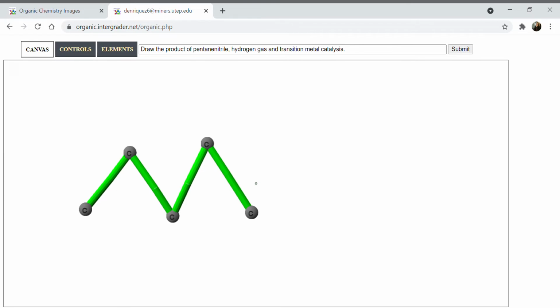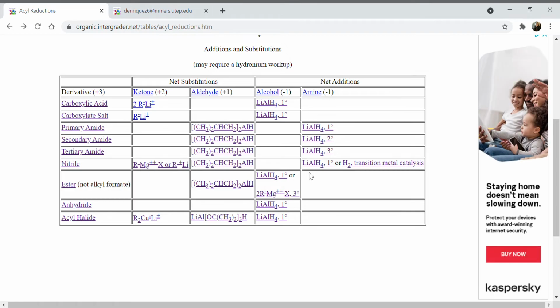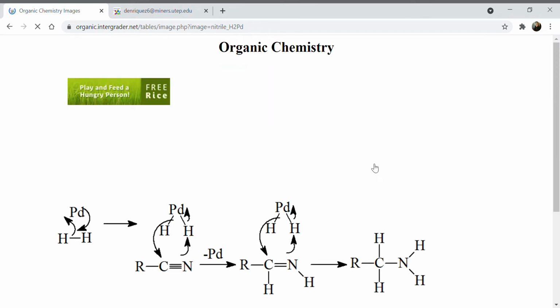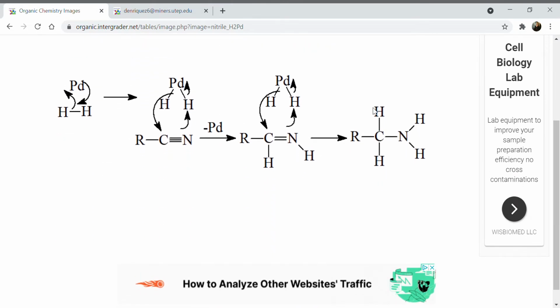We're doing pentane nitrile again. Hydrogen gas and transition metal catalyst. So I'll go back to my chart, go to nitrile, and I see H2 and transition metal catalyst. So the end product, I'm not going to draw any of the other things, I'm just going to simply do it.